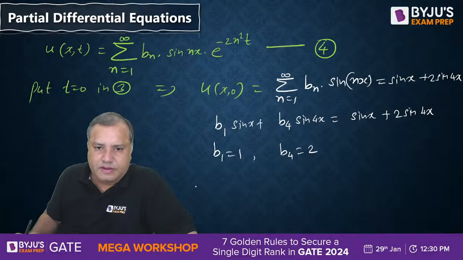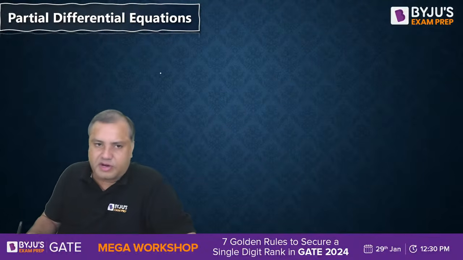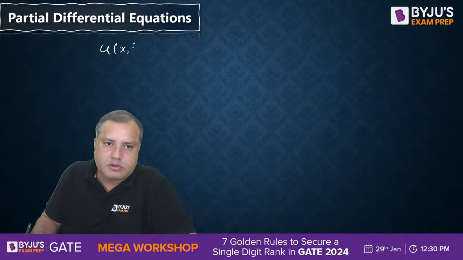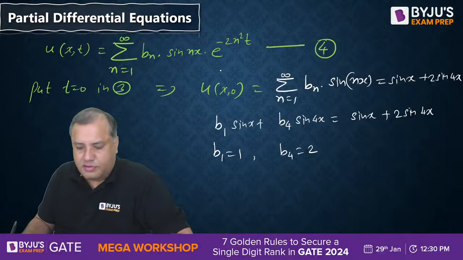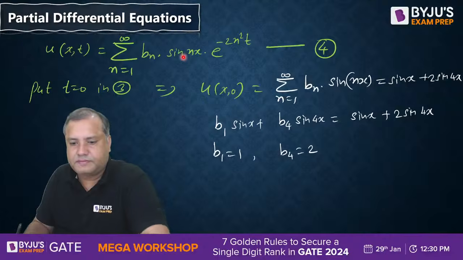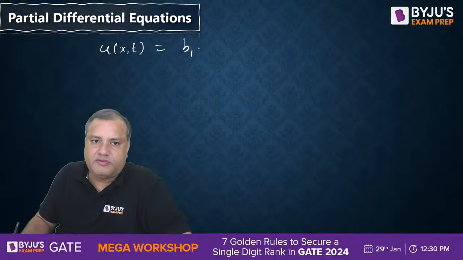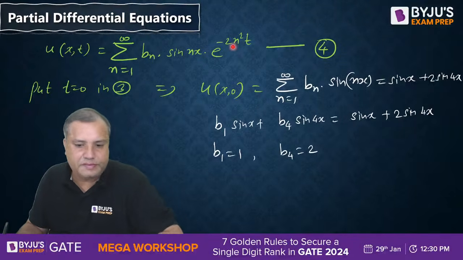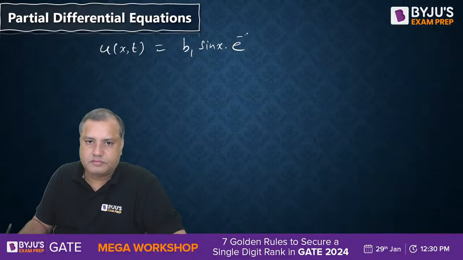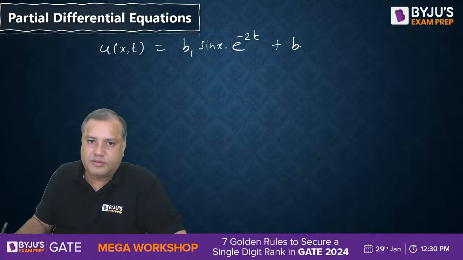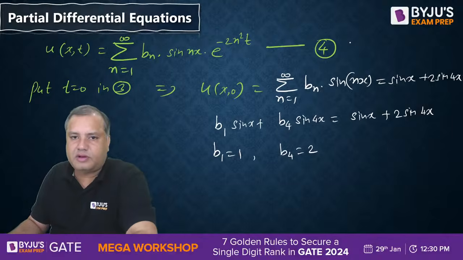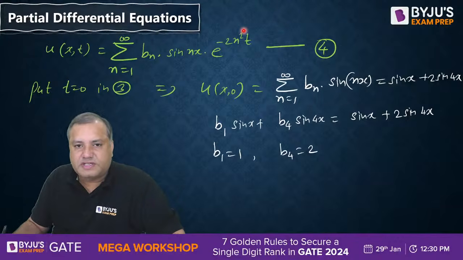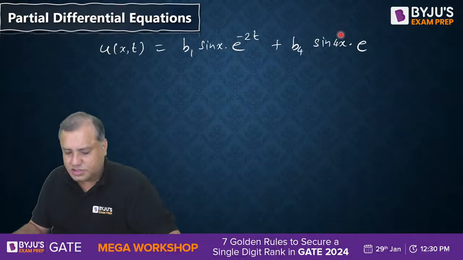Now see, u of x comma t, one term will be b1, so b1 sin x e to the power, put n equal to 1, e to the power minus 2t, then b4 sin 4x e to the power, 4 square is 16, 16 2s are 32, minus 32t.